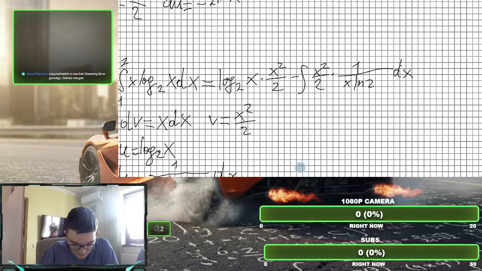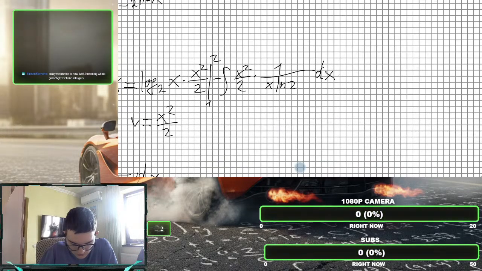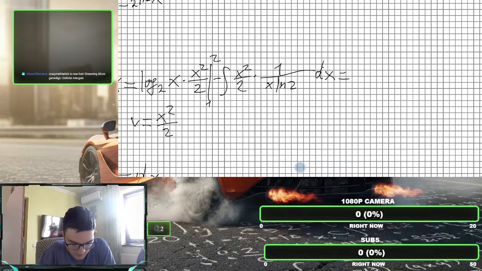And essentially here the limits are from 1 till 2, equal again that part with log 2x times that.